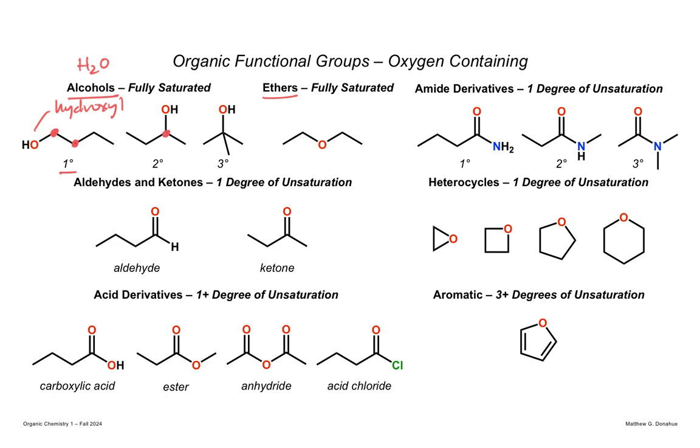If you have that carbon bearing 2, that's called secondary. So this last one has 3 carbon groups, that's tertiary. So alcohols, primary, secondary, or tertiary, there's no such thing as a quaternary alcohol.